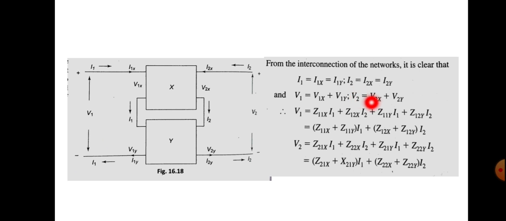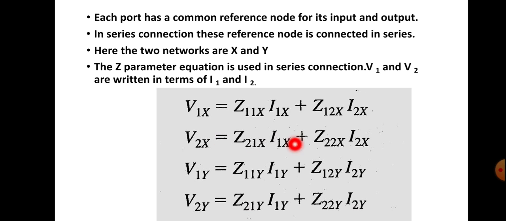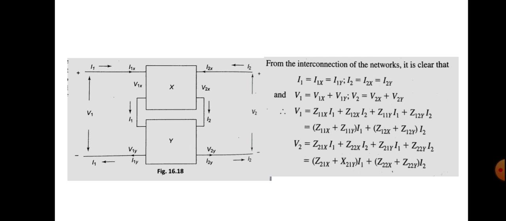V2 is V2X plus V2Y. You can substitute for V2X and V2Y from these equations. When you substitute, instead of I1Y and I2Y, you put I1 and I2. Taking I1 and I2 outside, you get V2 equal to Z21X plus Z21Y into I1, plus Z22X plus Z22Y into I2.